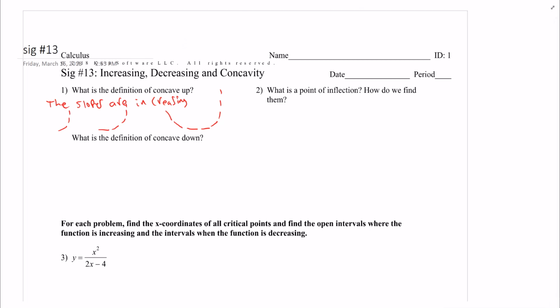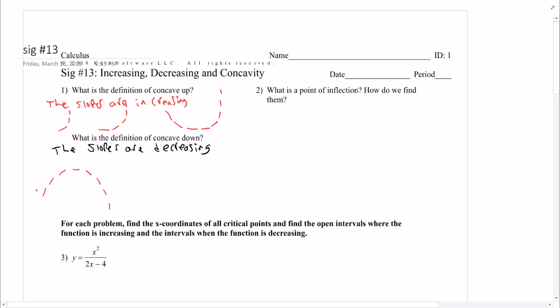The definition of concave down is a function is concave down when the slopes are decreasing, right? The opposite of concave up. So what that means is maybe you start with a positive slope, a slope that's going up, and then it gets a little bit less positive, a little bit flatter, then it gets to 0, then it turns negative, more negative, negative, negative.